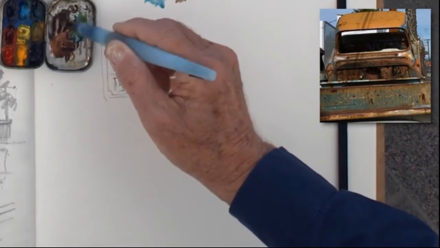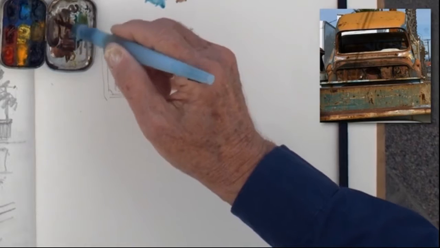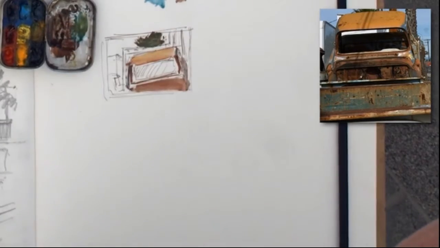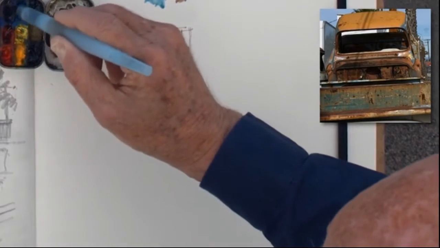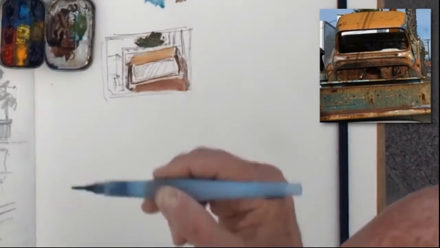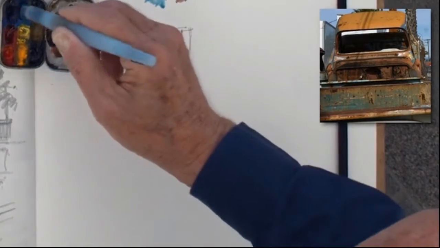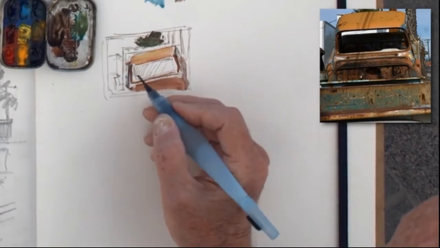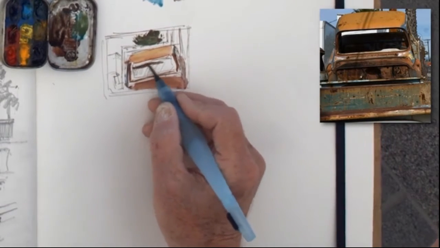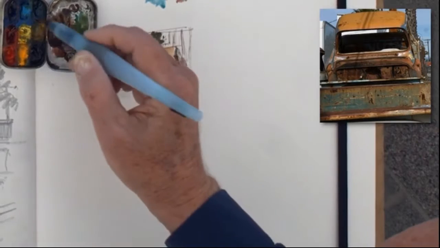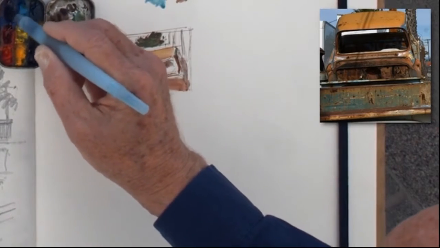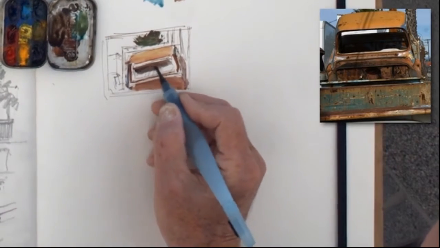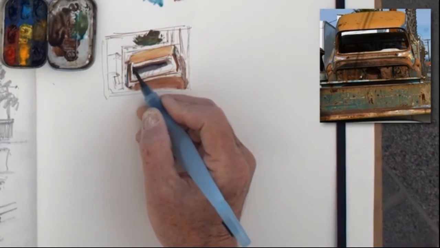Of course, it's dark. And to get that dark, I'll go in with a fairly strong color so I can pull through. No, that's not anywhere near strong enough. Yeah, I'm starting to get there.